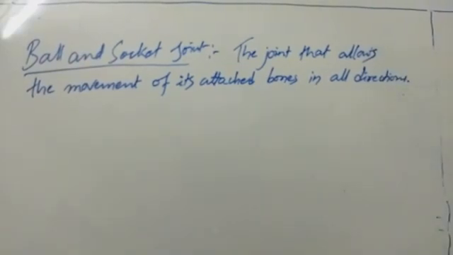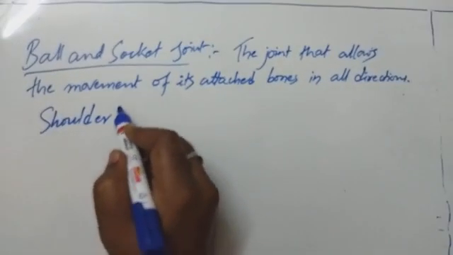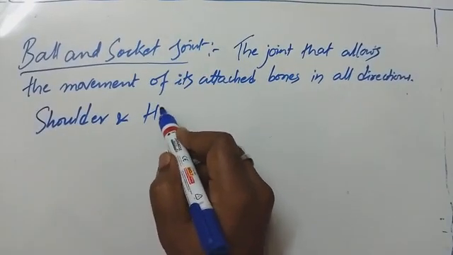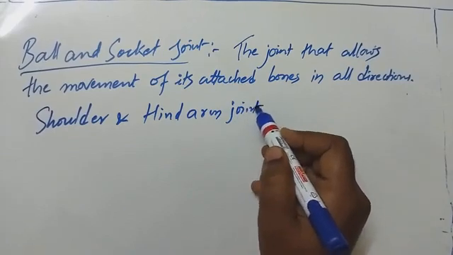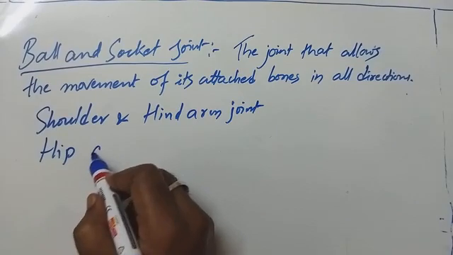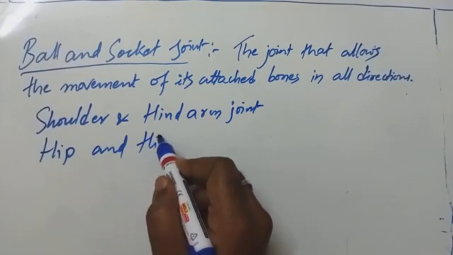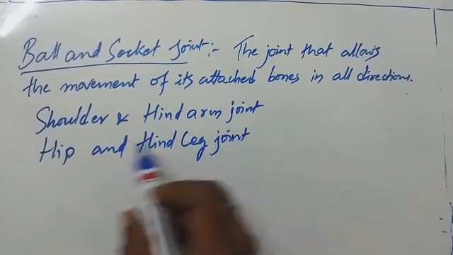It is known as ball and socket joint. Example: shoulder and fore arm joint, hip and hind leg joint. So these are the 2 examples.